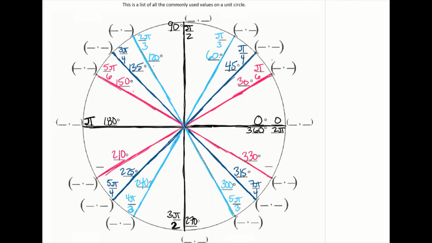Add pi over 6 to that, you get 7 pi over 6. Now this would be 8 pi over 6, 9 pi over 6. These numbers simplify. And then the last one, well, this would be 10 pi over 6. And then this last one's going to be 11 pi over 6. And that is basically the unit circle broken down into degrees and radians.